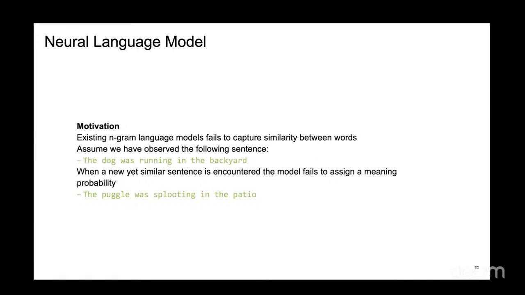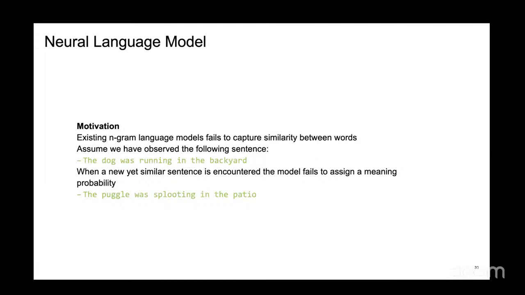The main issue is that I can see unseen sentences. Plus, I can also write a single sentence in multiple forms. For instance, let's take an example. The sentence is "dog was running in the backyard." I can write the same sentence in a different way, which you would not see in your popular narrative. For instance, "Puggle was polluting in the patio."